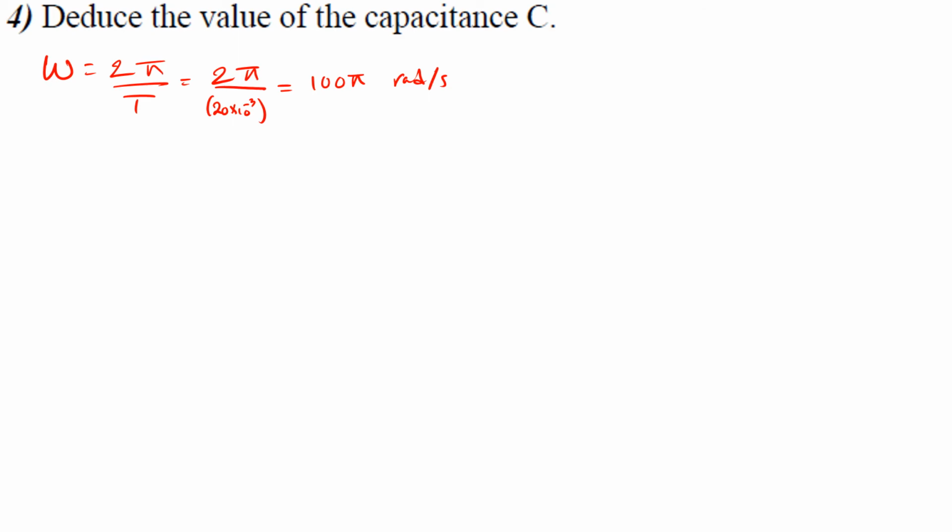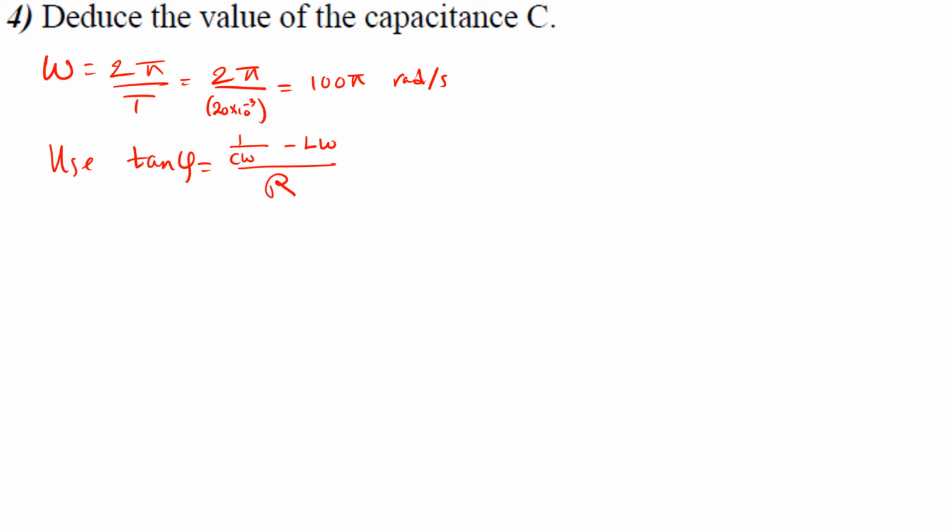Now let's use this formula that we found before. Tan phi is equal to 1 over C omega minus L omega over R, the one that we proved before.